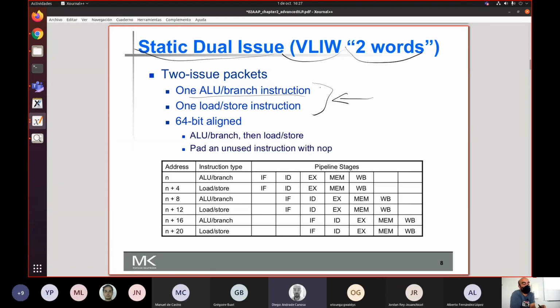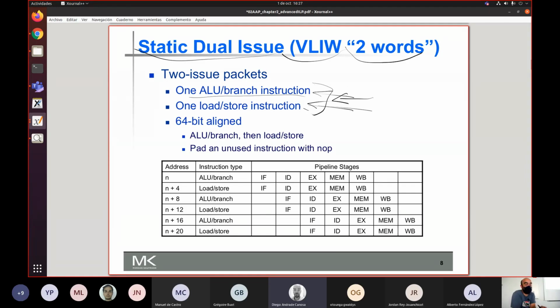Why is that? Because if you issue 2 instructions to be executed fully in parallel, to be issued at the same time, at some point they can require the same hardware. And if that happens, this is going to ruin the concurrent execution of these instructions. So this architecture assures this by telling you that you have to create packages of one instruction of this kind and another instruction of this kind. Okay, this is quite a strong restriction.